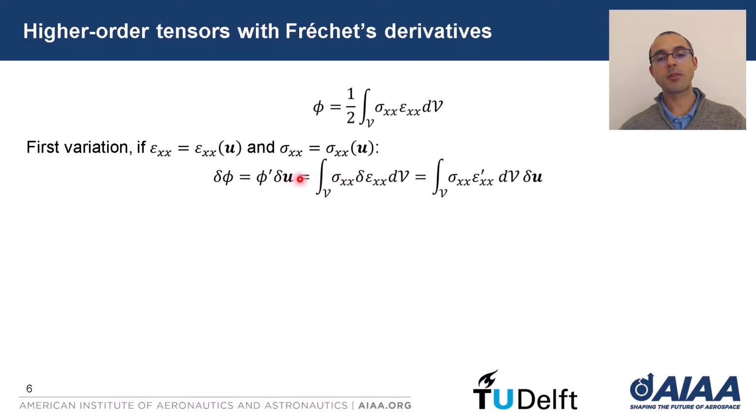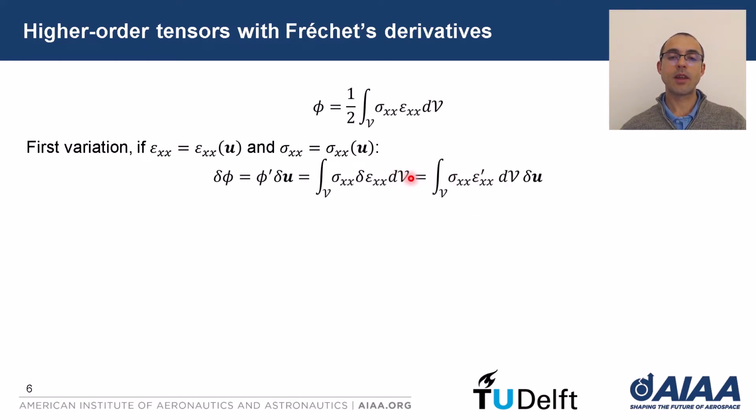And then we can represent that also as a variation of our energy functional. Here I'm already assuming that the stress can be expressed in terms of the strain, multiplying the constitutive relations. And then we can also represent the first derivative of this strain functional with this prime.